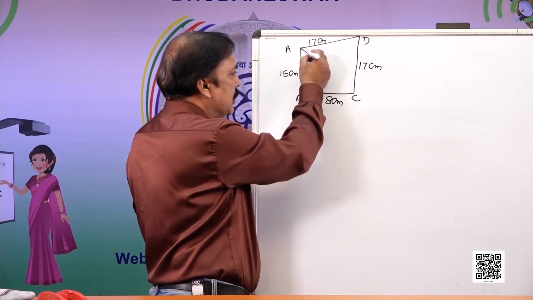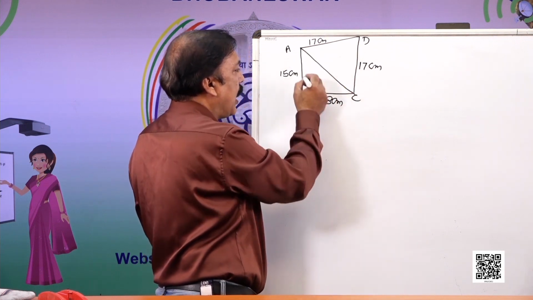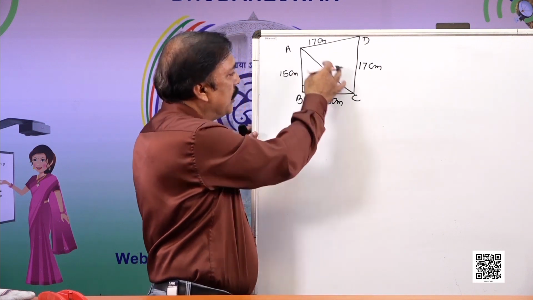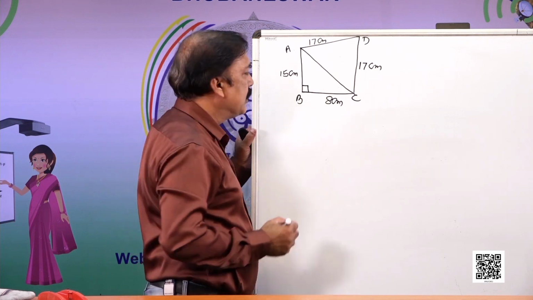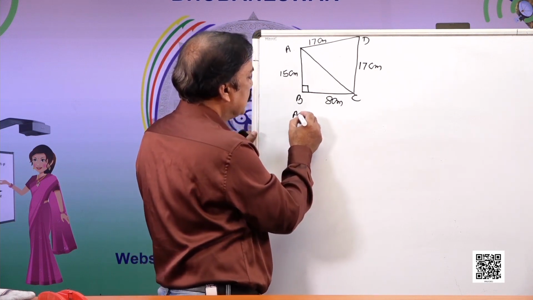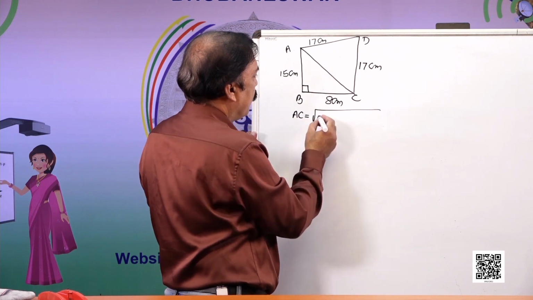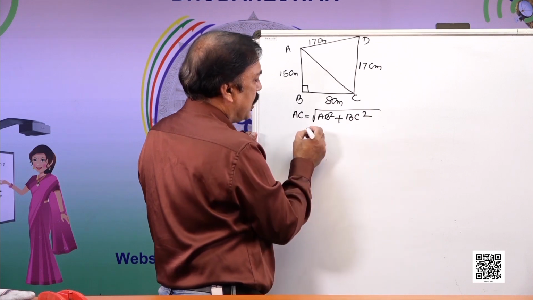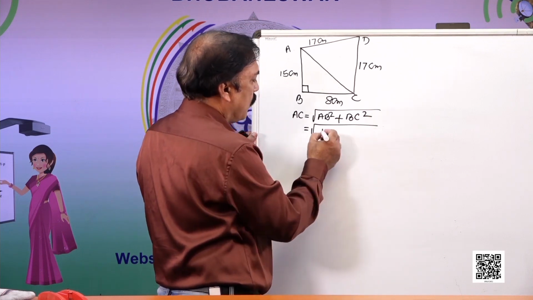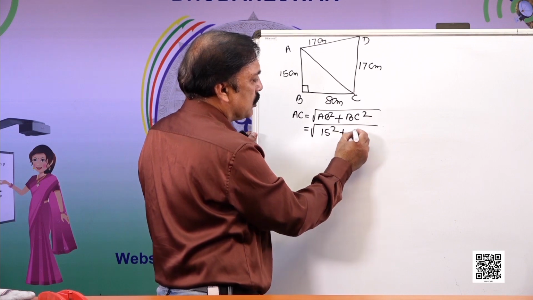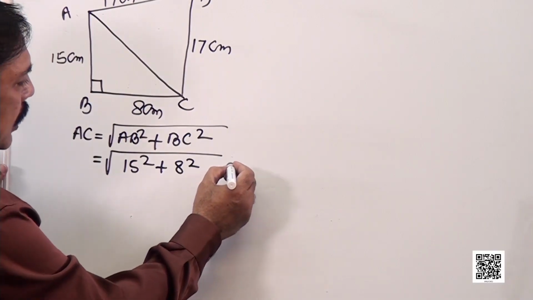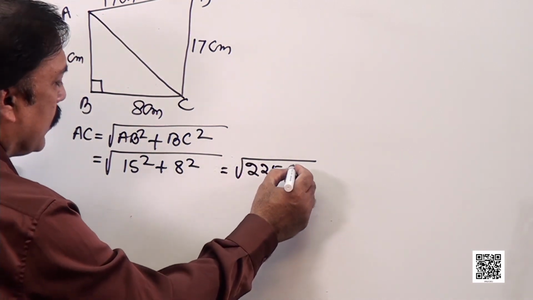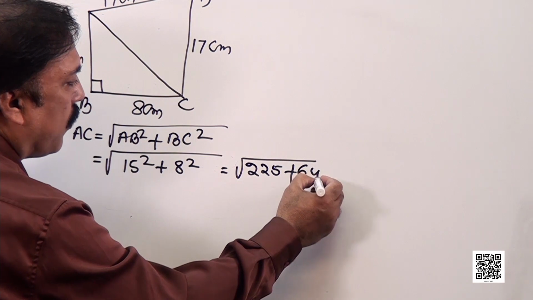Now if we join AC, we have a right angle triangle. Out of this right angle triangle we can find the hypotenuse, that is AC. AC is equal to square root of AB square plus BC square, that gives square root of 15 square plus 8 square, that means 225 plus 64.